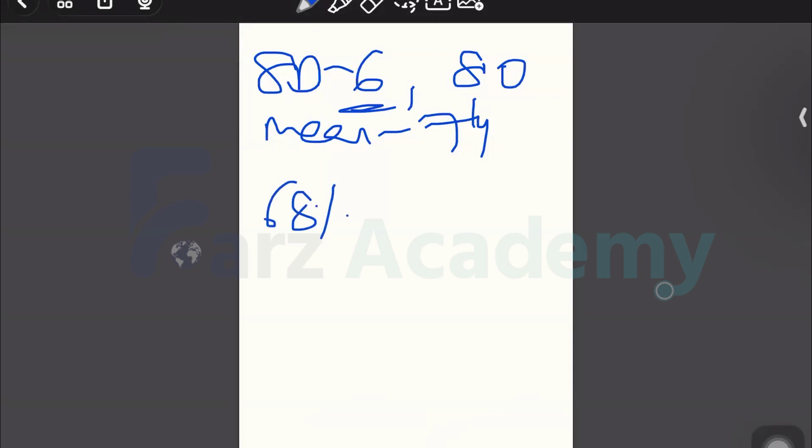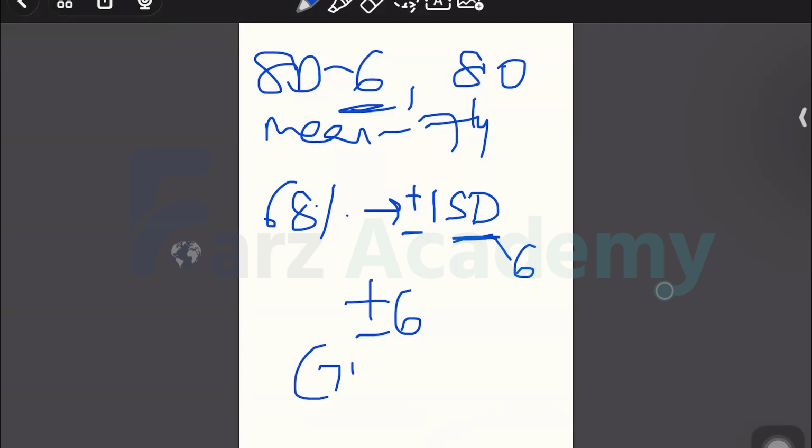68% of the patients would lie within plus minus one standard deviation of the mean. One standard deviation is 6, right? So plus minus 6 from the mean. That is 74 plus 6 and 74 minus 6. Correct? This equates to 68 to 80, right?